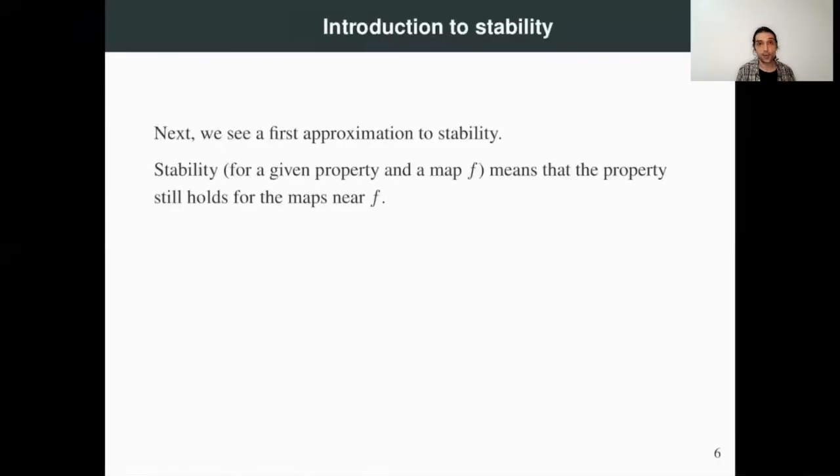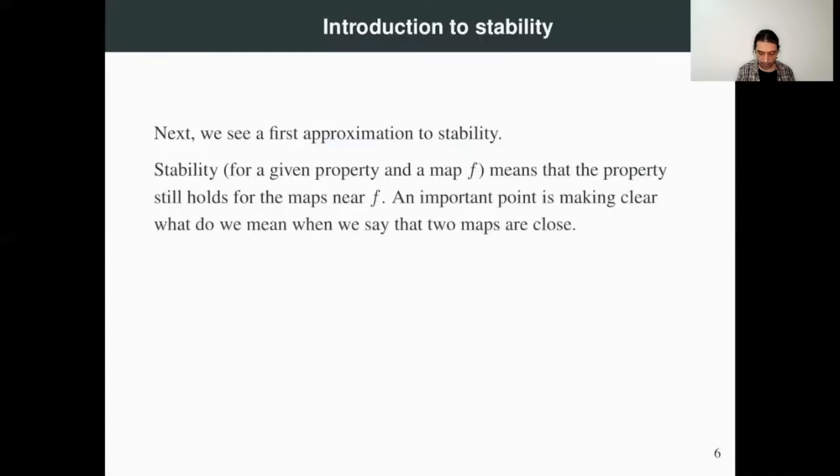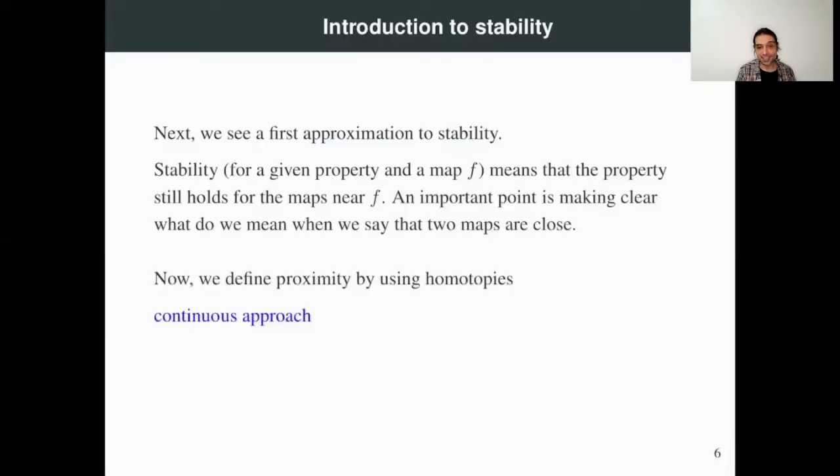So stability for a given property on a map F just means that the property still holds for the maps near F. Sure, the big question here is what does it mean to be near F? And so in order to bypass this problem, we are going to define proximity by using homotopies. That's indeed the continuous approach to this problem in which we are considering paths joining different differentiable maps.